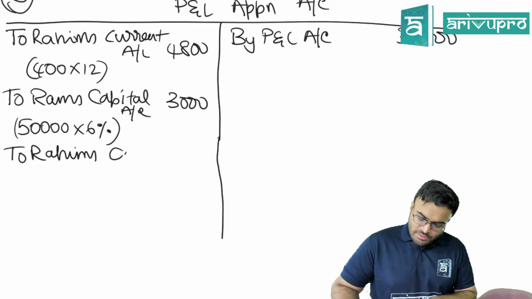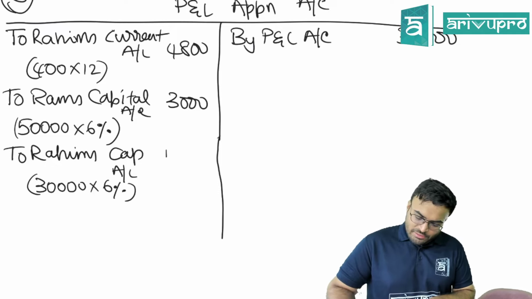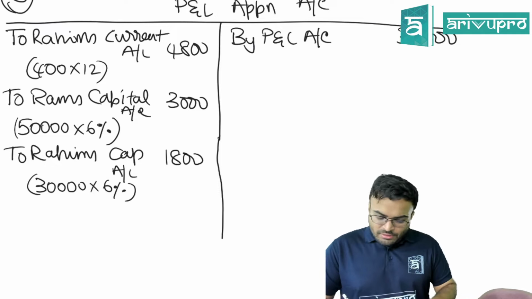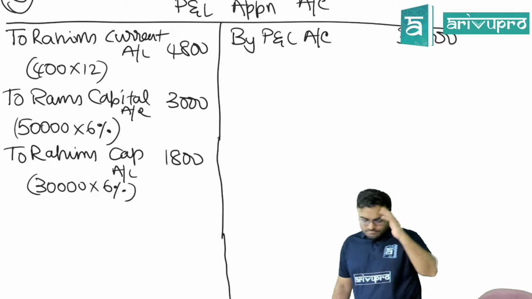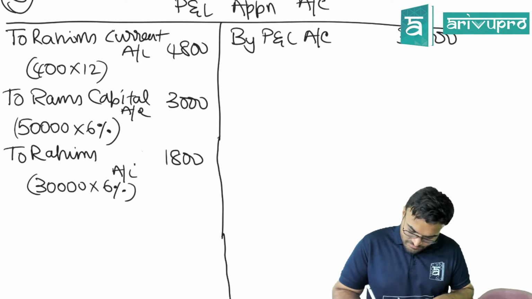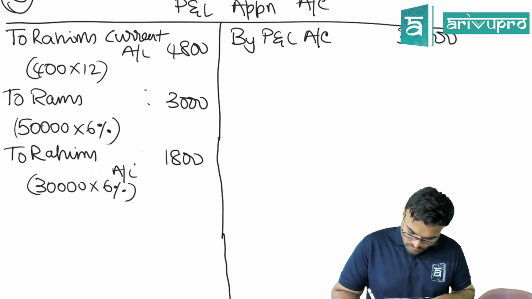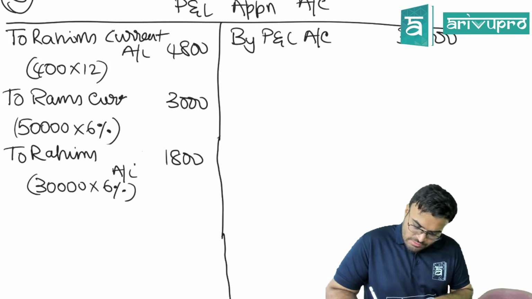Rahim's account, 30,000 into 6%. Sorry, it's not capital, it is current account. I hope it's clear till here.